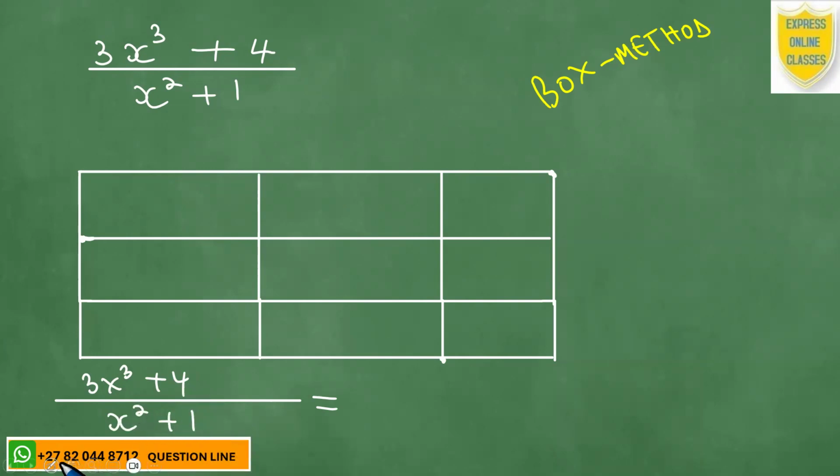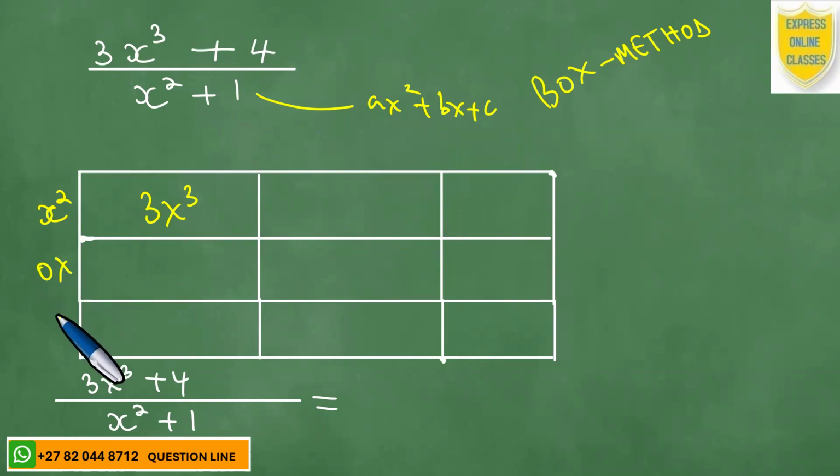And in this case, what we have becomes the following. So we're going to put here the 3x cubed. We divide everything by x squared, which in the form of decreasing powers is of the form ax squared plus bx plus c, in which case we need to realize that we are missing a 0x term, and the constant is 1.